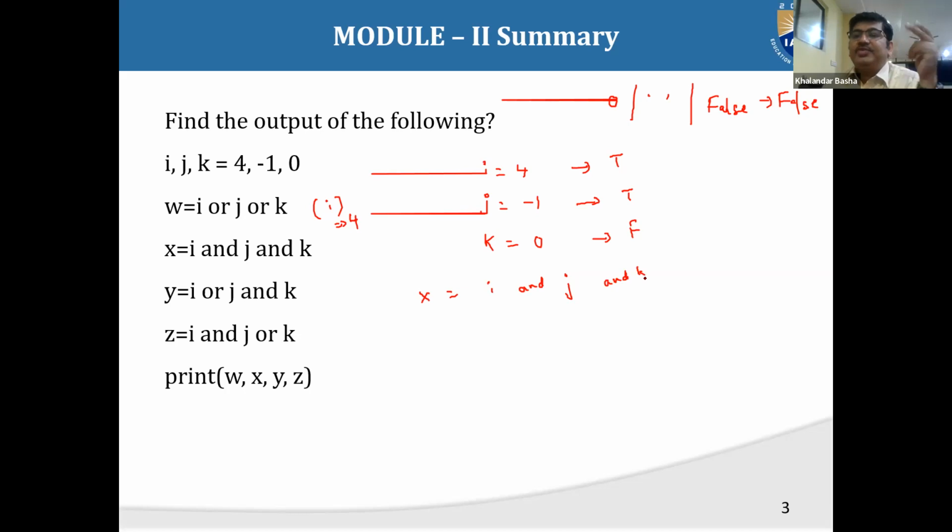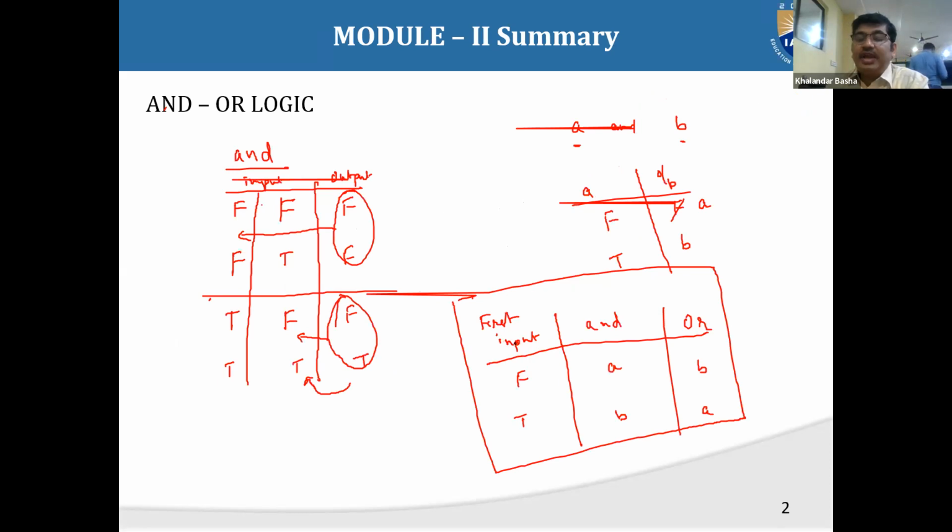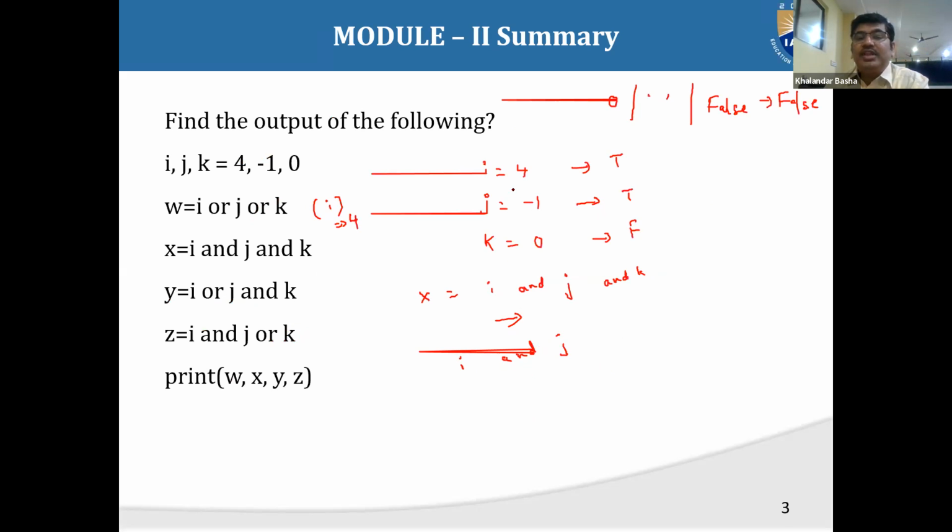How many operators are we having? 2 operators, and both are the same, so the evaluation will be done from left to right. First we are going to perform i and with j. What is the AND logic? If the first input is false, the output is the first input. If the first input is true, the output is the second input. Now coming to our case, what is the i value here?